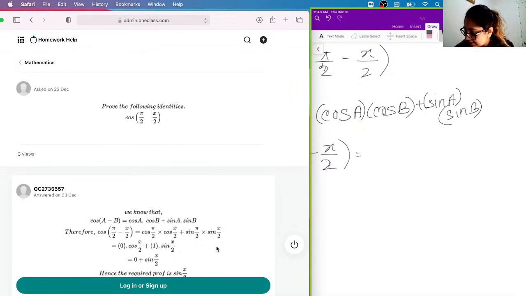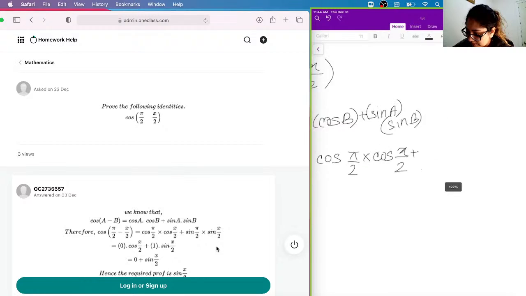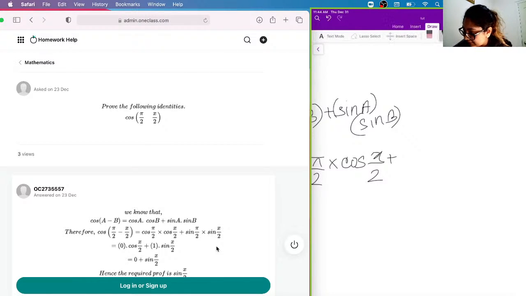And so if we break this, we would have cos pi over 2 times cos x over 2 plus sine pi over 2 times sine x over 2.